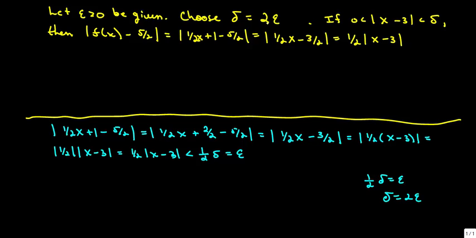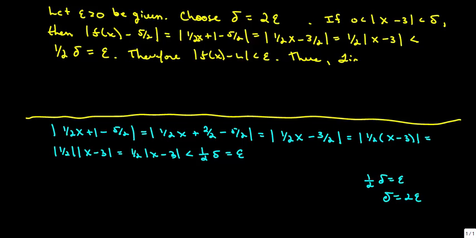And since this guy is less than delta, we get this is less than 1 half delta, and we know that a half of delta should be equal to just 1 epsilon. Therefore, we have the absolute value of f of x minus L is less than the epsilon that was chosen in the beginning.